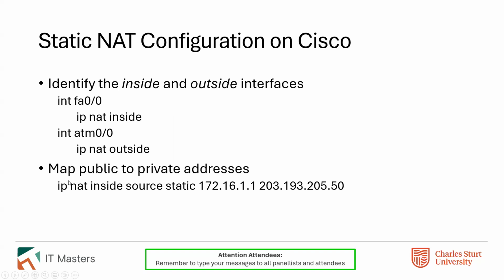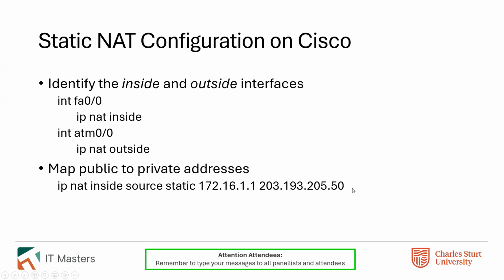You can then use the ip nat command, which is actually a global level command, to specify, in this case, we want to do inside static NAT, mapping this address 172.16.1.1, which happens to be an internal private RFC 1918 address, to this very public address 203.193.205.50.